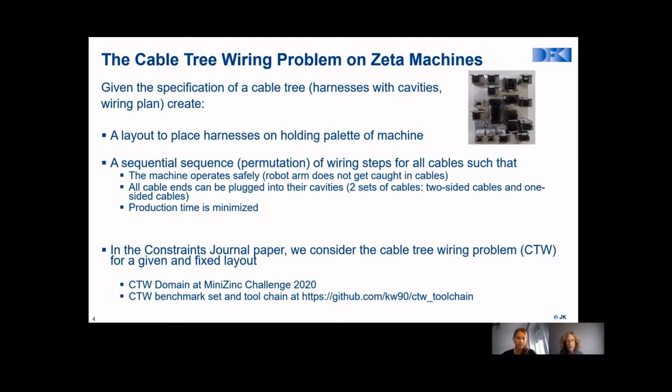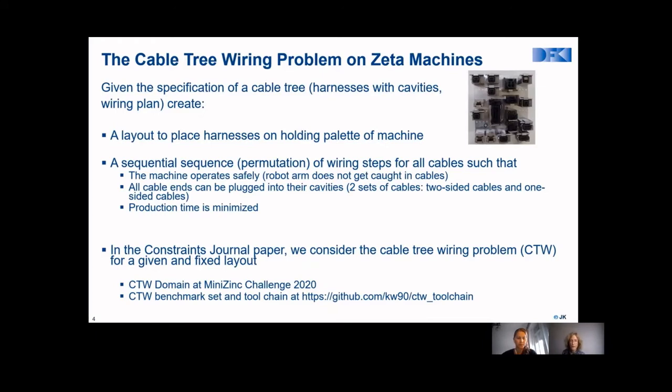In the Constraints Journal paper, we consider the cable tree wiring problem for a given and fixed layout. This means that we assume that the layout was already computed and we are only looking into the problem of computing the sequential ordering of wiring steps.